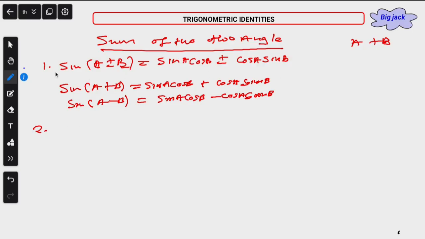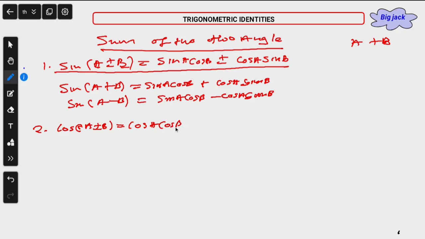Alright, so that is for sine, and the second one is for cos. So cos of a plus or minus b is going to be equal to, for cos is different from sine, cos a cos b. That is very, very important to know.